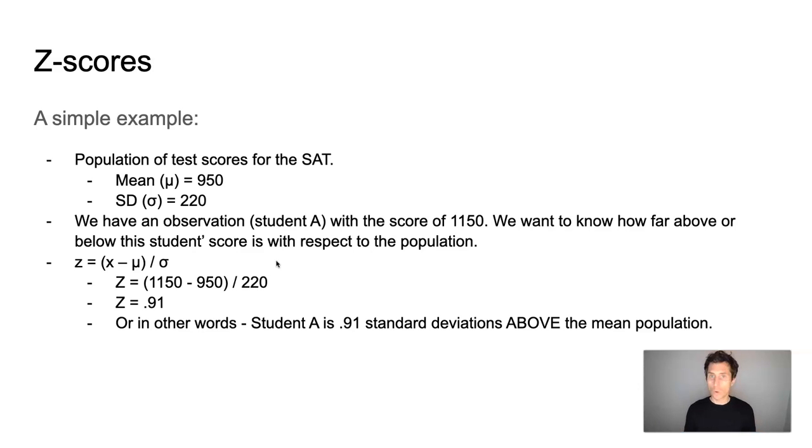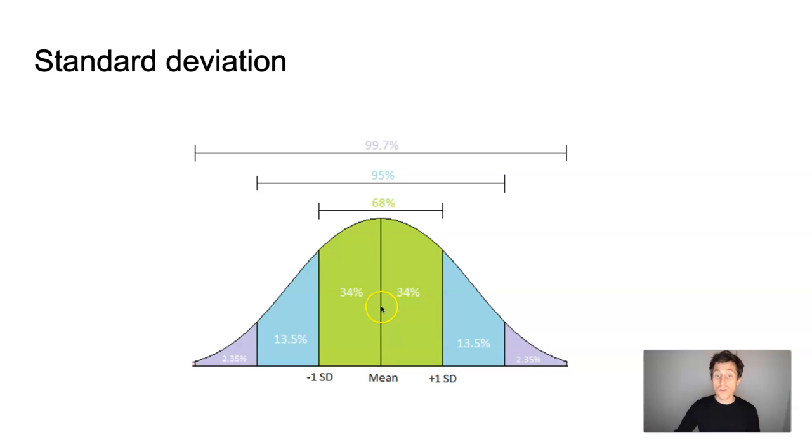Now, noting an SAT is worth a total of 1,600 points. So that means on average, we would expect that 950 is the mean score, and plus 220 or minus 220 would give us about 68% of the sample. And then plus 440 or minus 440 would give us 95% of the sample.